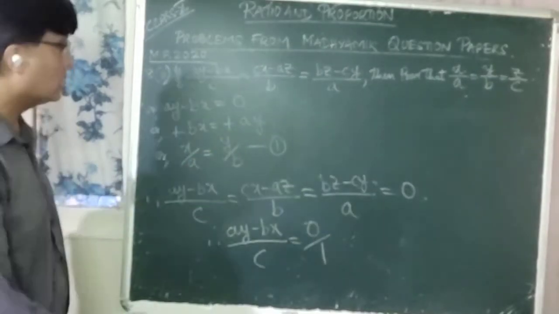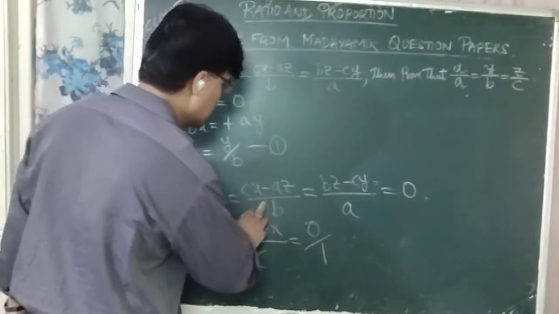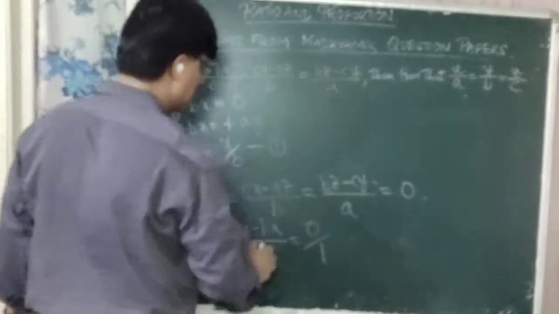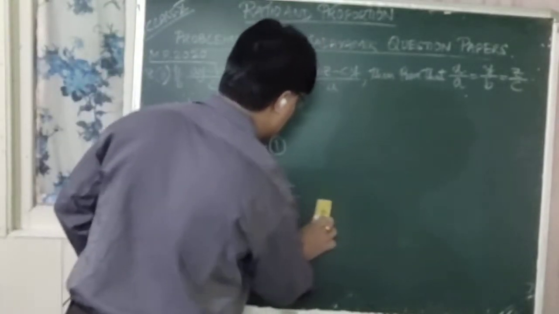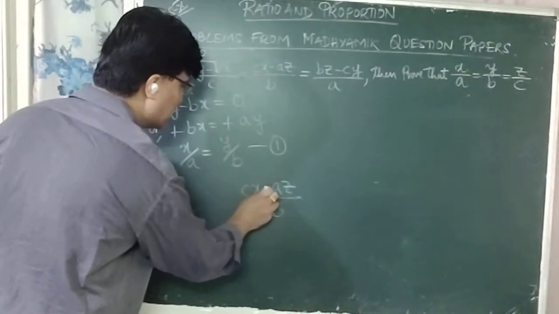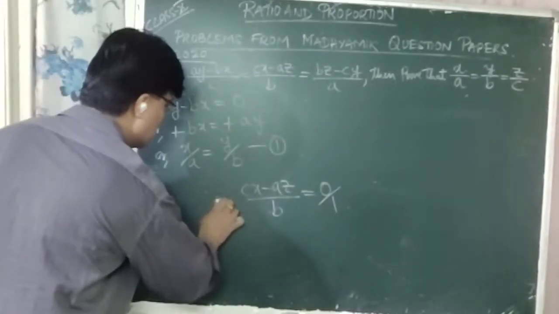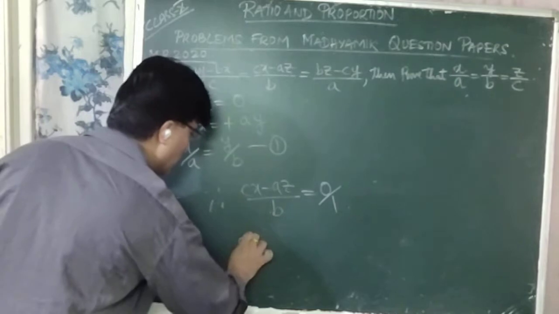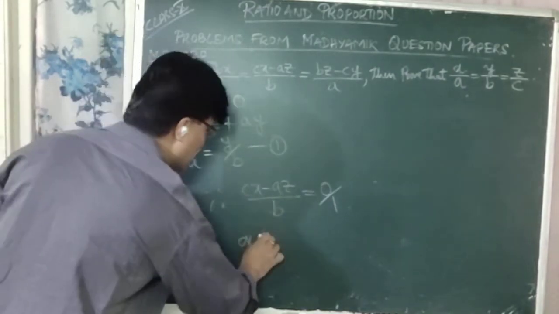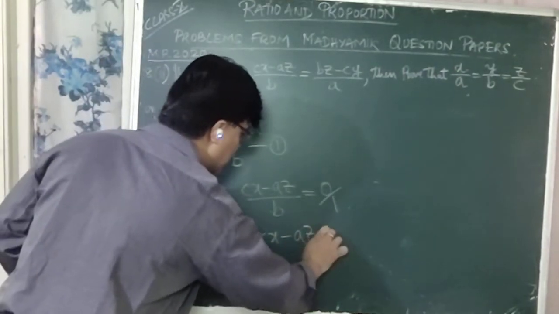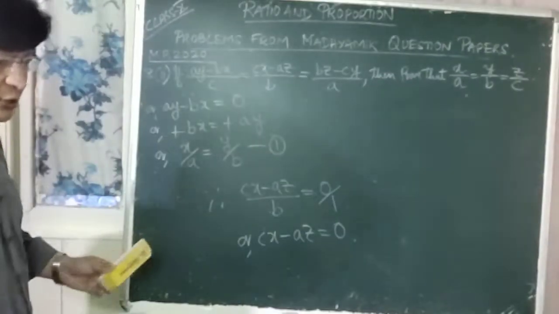Again you can equate second with last, that is cx minus az divided by b is equal to 0, 0 divided by 1 here also. Now you can cross multiply it. cx minus az is equal to 0 into b, which is always 0 here also.